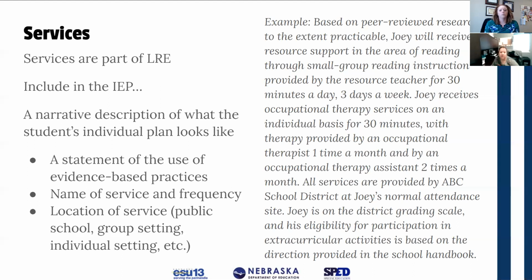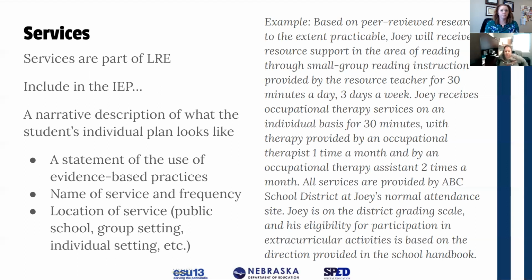There's an example on the right-hand side, which I won't read to you, but just to point out there, it starts with based on peer-reviewed research to the extent practicable. So that statement that we will be using evidence-based practices to support this student, and then what supports he will receive.